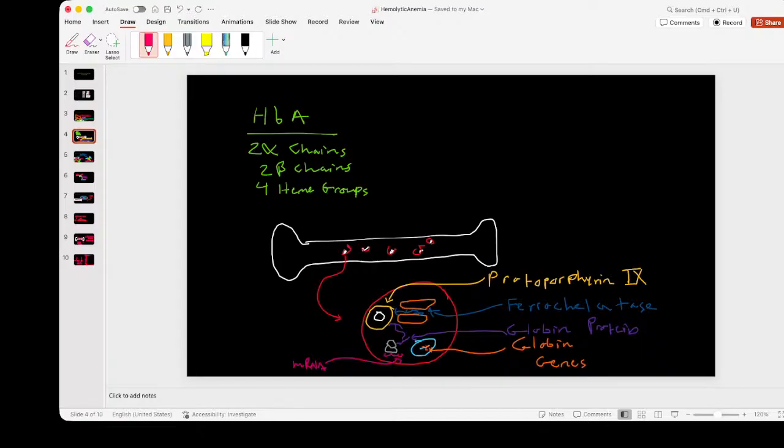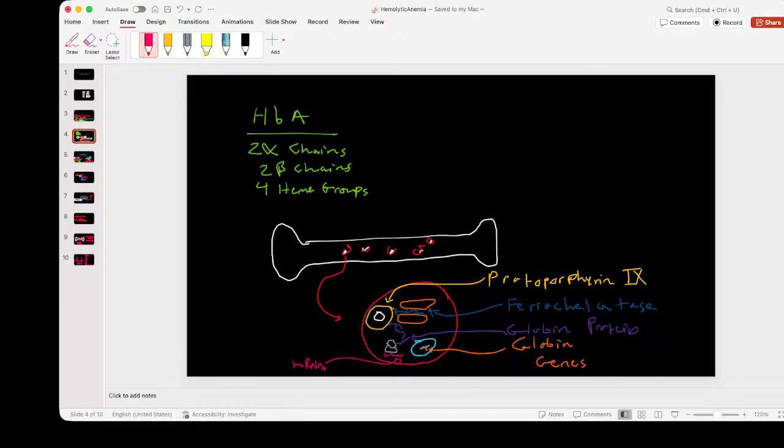So in the process, iron is usually transported to where the bone marrow is, and it is actually bound to the red blood cell in the process. And you can see here the protoporphyrin ring, which goes around it as part of the hemoglobin structure.